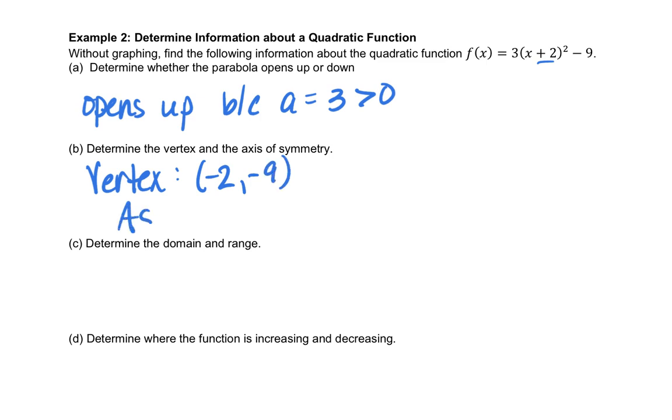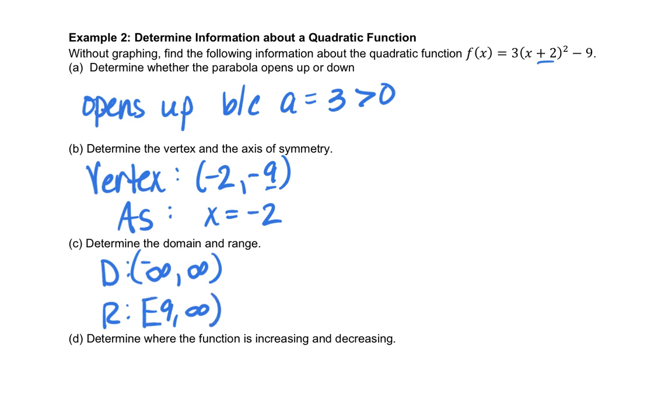And my axis of symmetry is x equals negative 2. The domain is negative infinity to positive infinity. In our range, since this is opening up, it has a minimum, and the very minimum value is negative 9. So we'll use the brackets there.